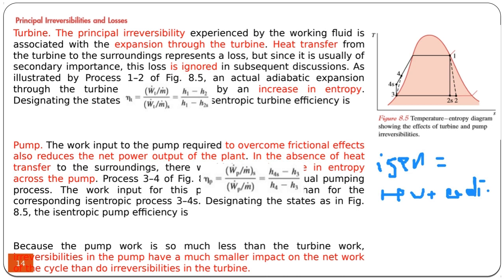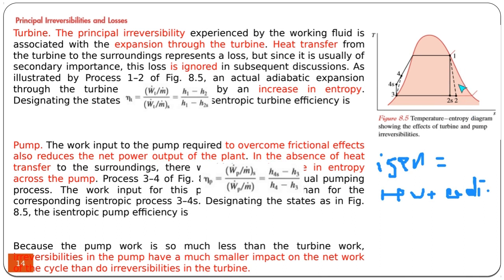But in real life, there is no such thing as adiabatic or reversible, because most of the time we can at least have some irreversibilities inside the turbine or inside the pump, which will cause the entropy to be increasing.